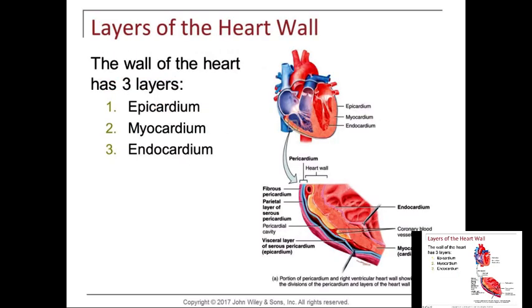The walls of the heart: epicardium, myocardium, and endocardium. 3 layers, right? Always loves the 3 layers. Major organs, if you remember when we did reproductive and we looked at the smooth muscle of the uterus, there was the endometrium, the myometrium, and the perimetrium, right?